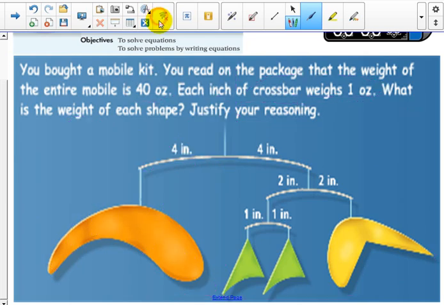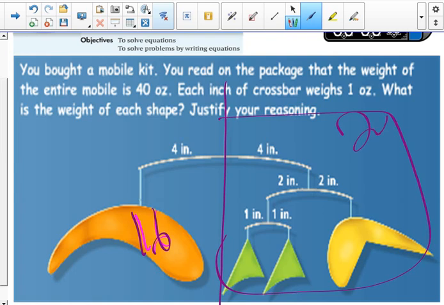So we know this first shape is 16 ounces. Now that means that this whole side is also 20 ounces. Well, take away the 4 ounces here, so we know that these must also be 16. Everybody see that?